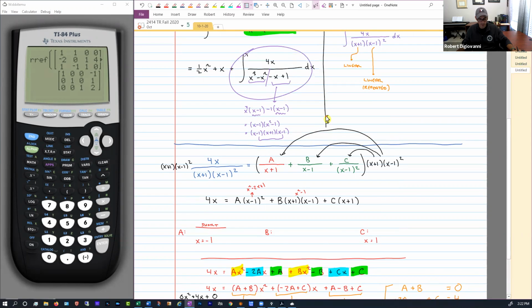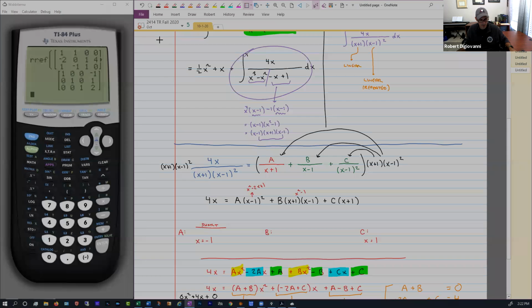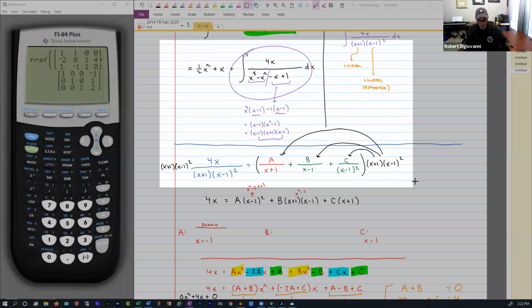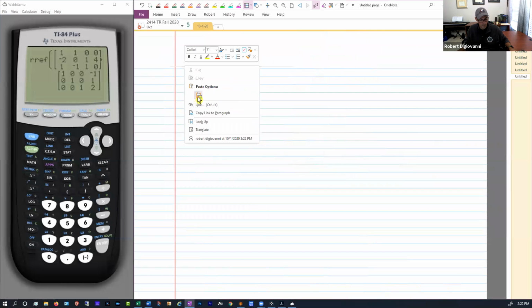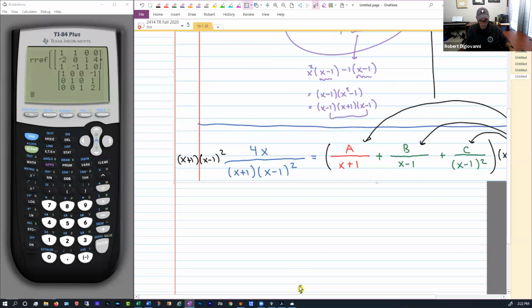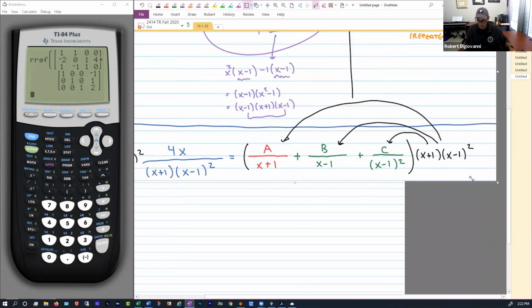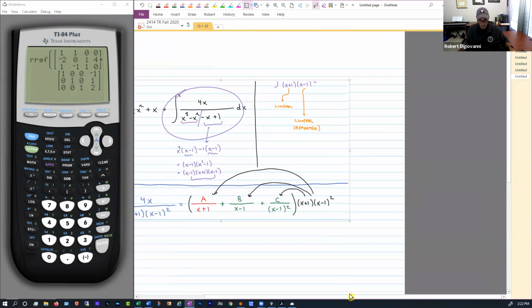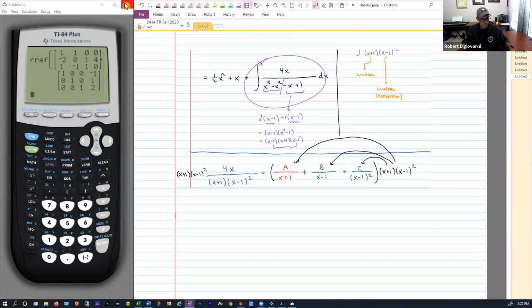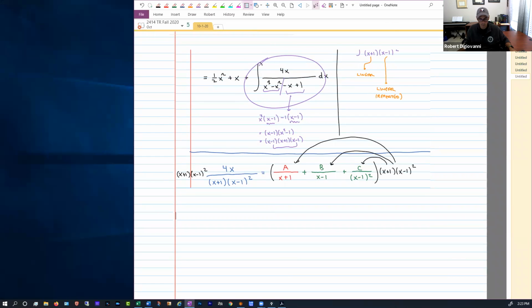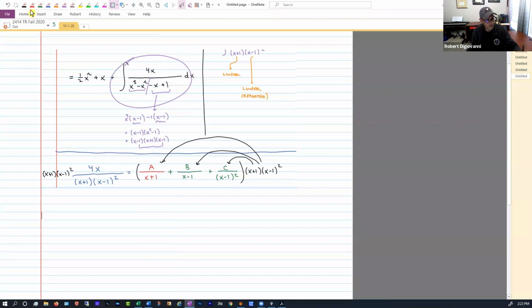I've got kind of a cluster here. I'm trying to figure out what I want to grab and take to the next page. Okay, let's get to our answer.